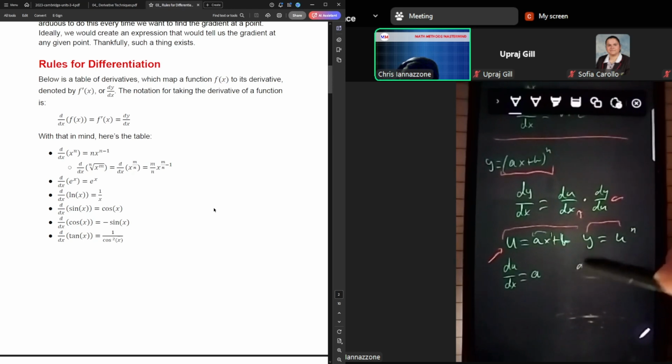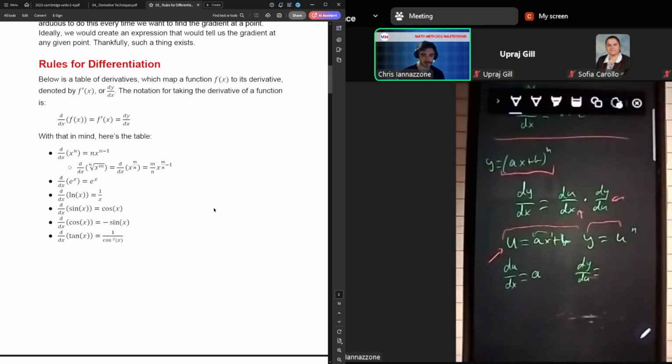As for this one, dy on du, what might we do there? We've had a look at how this works beforehand, but we haven't looked at what happens if the power is unknown. What might that look like?